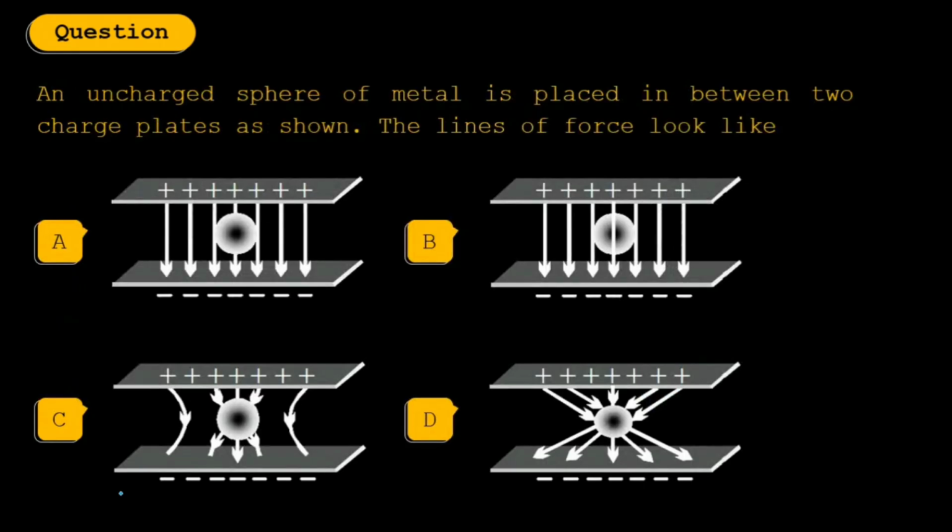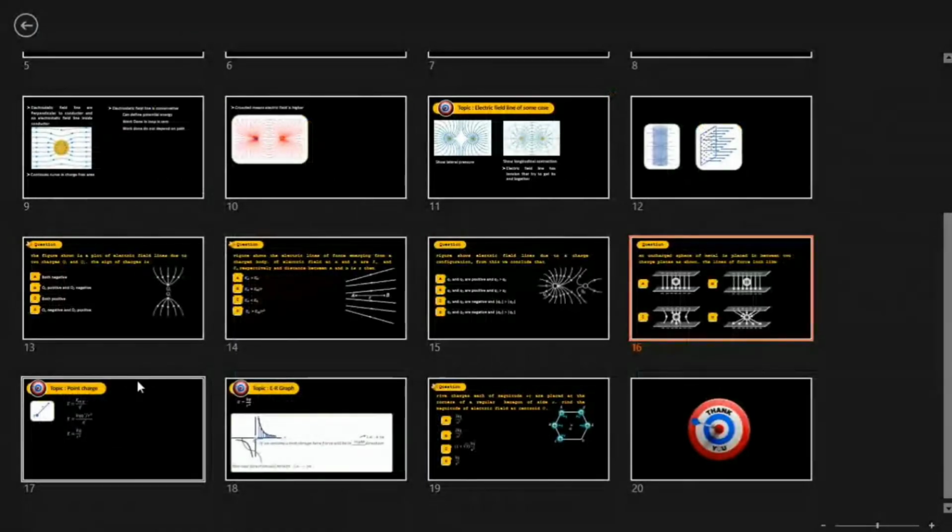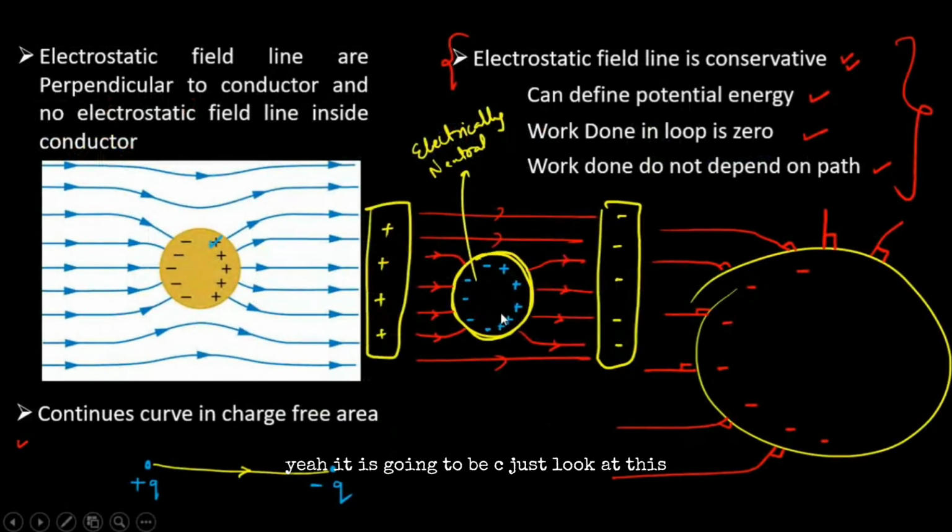Let's move ahead. Now, another question. We have already discussed this part as well. Think about it and tell me which option should be the correct one. Read the question once, think wisely, and tell me. We have just discussed this. It is going to be C. Just look at this diagram.